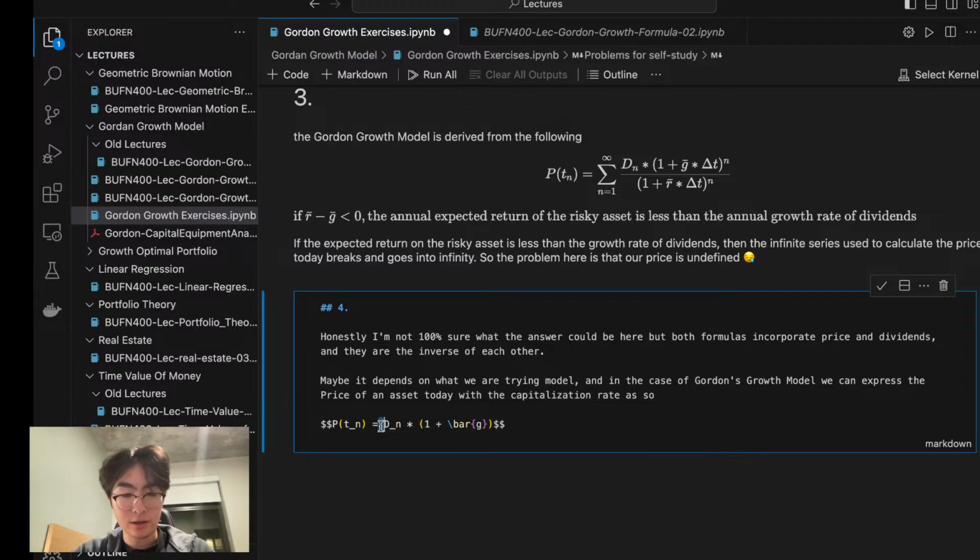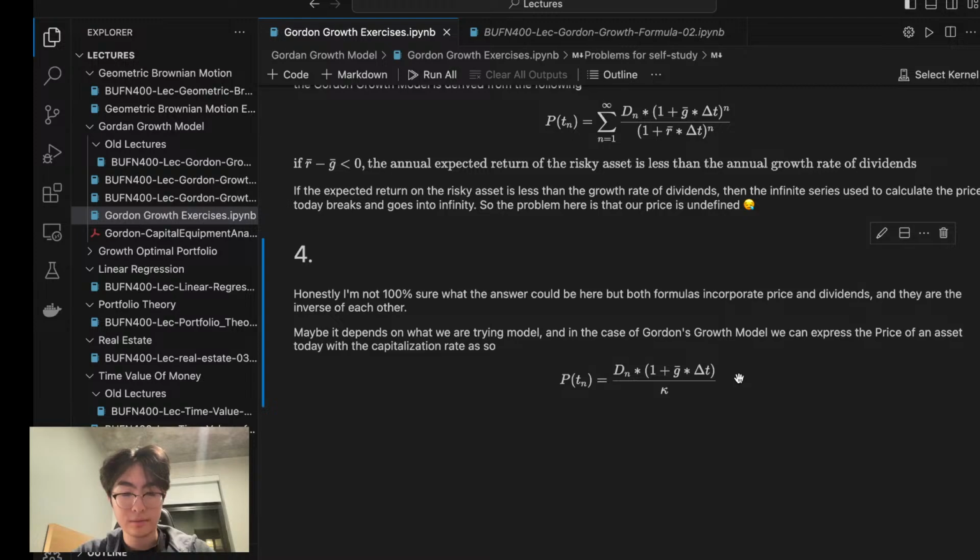So this is the value of our dividend, times delta t. So this is pretty much the value of the dividend in the next period, or the next, I guess you could call it quarter, whenever dividends are paid out, divided by, I think it's kappa.